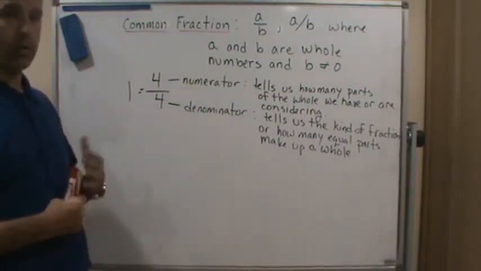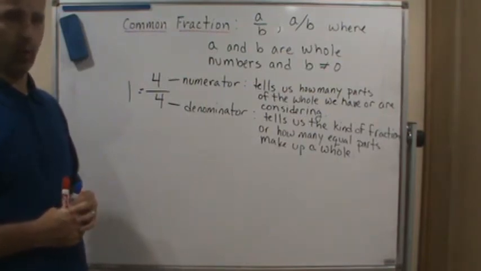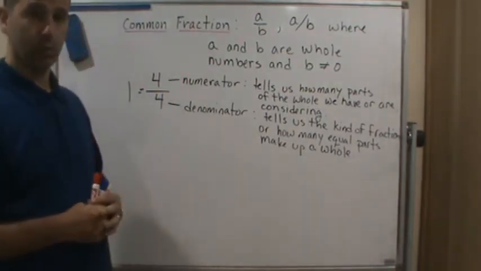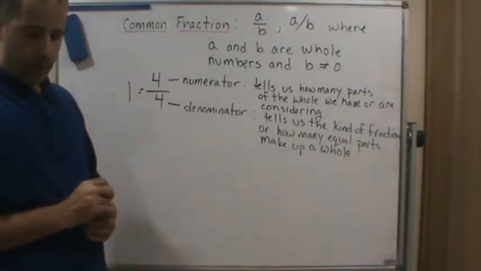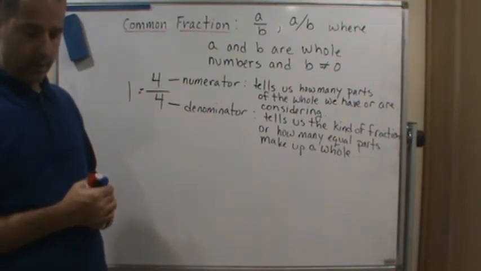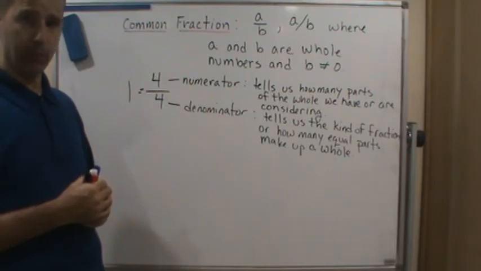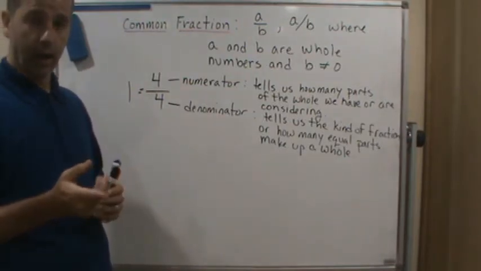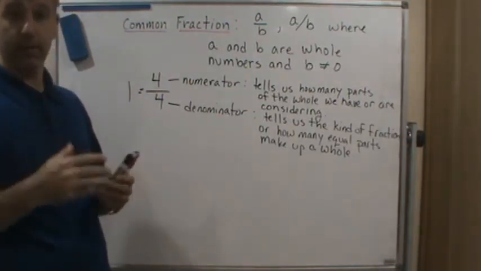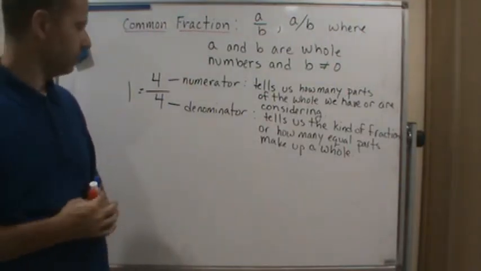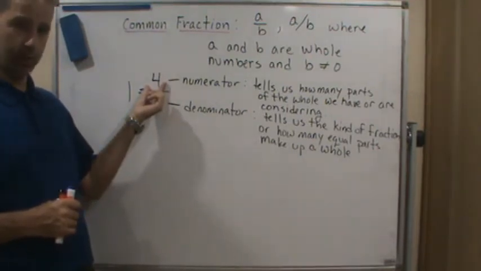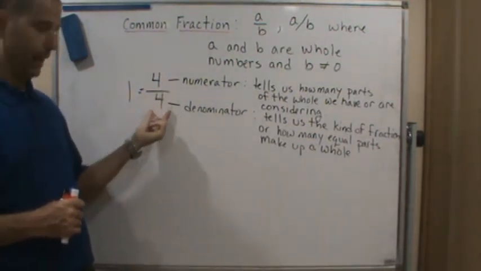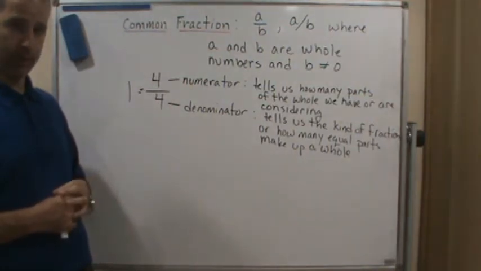There are 2/3 of the pie remaining, or 4/5 of your chores were completed, or 3/5 of the employees were satisfied. Things like that. So it's telling us how many equal parts we have or are considering out of the total number of equal parts in the whole.